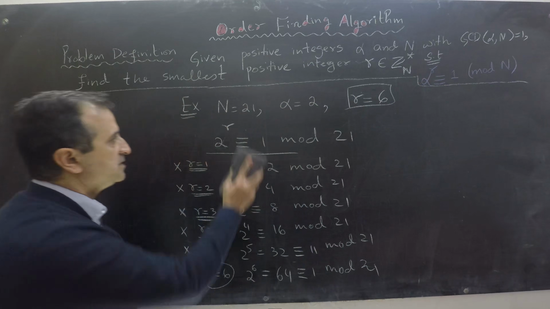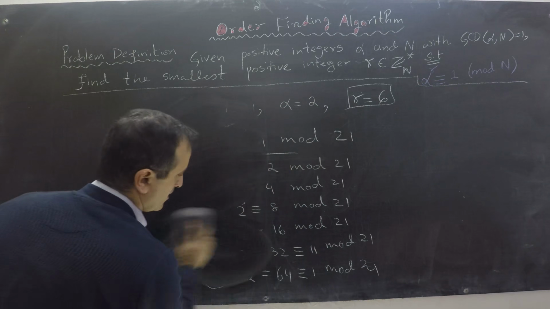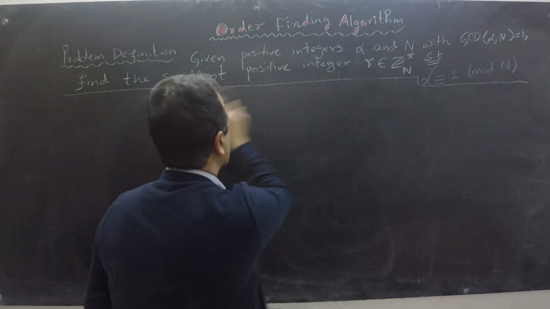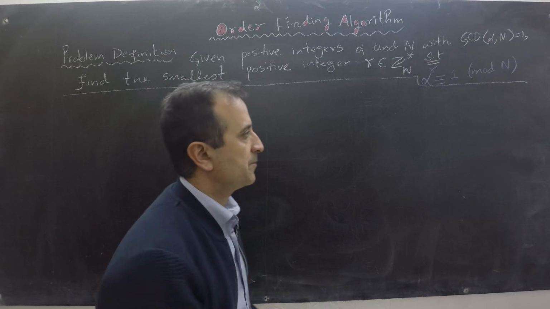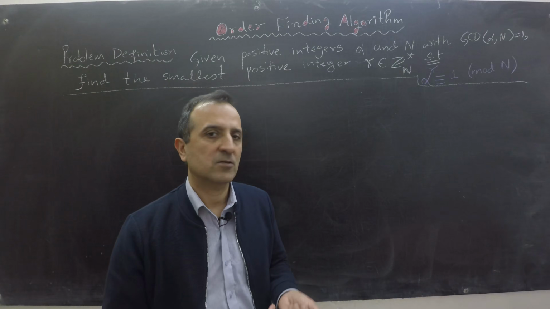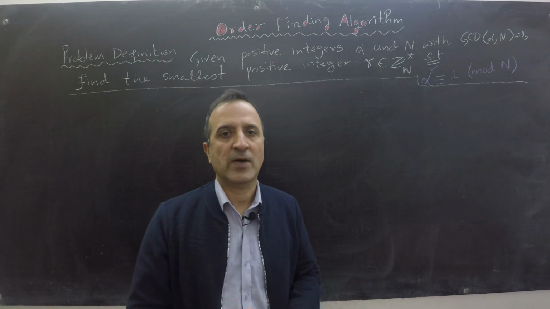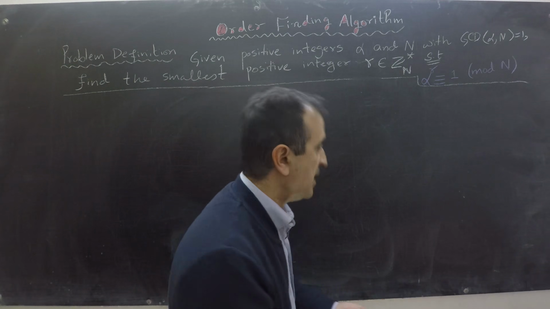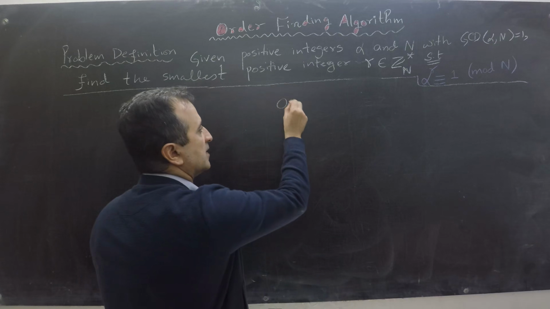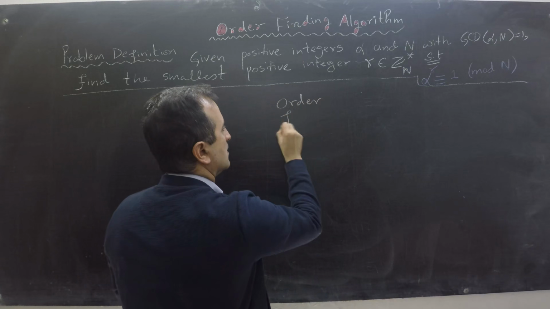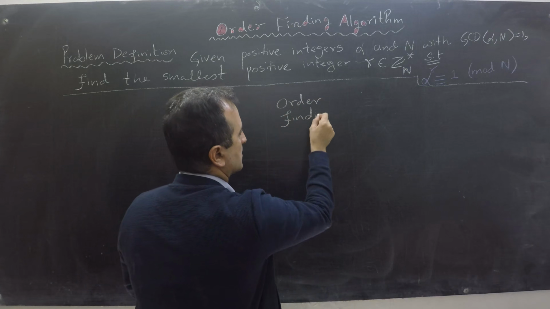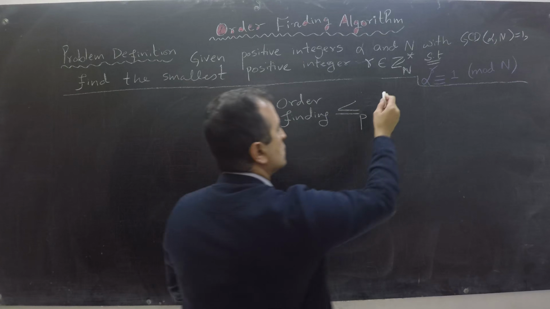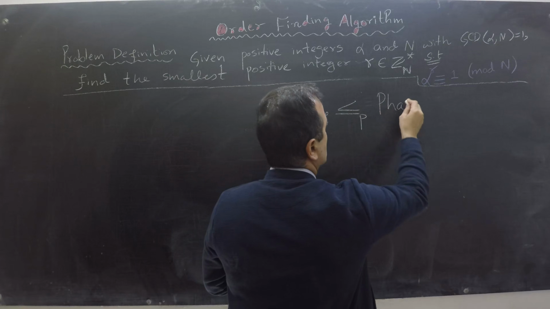Let's clear this part of the board. How to solve the order finding problem? We can solve the order finding algorithm by employing the phase estimation algorithm. In fact, order finding is polynomial time reducible to the phase estimation algorithm.